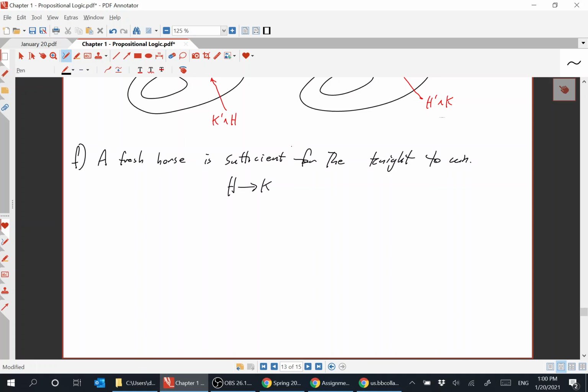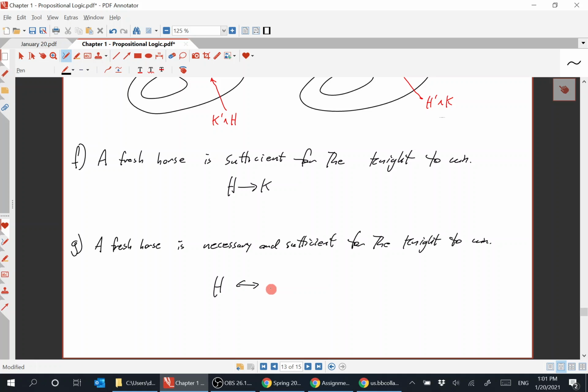And then if you say a fresh horse is necessary and sufficient for the knight to win, then it's double implication.